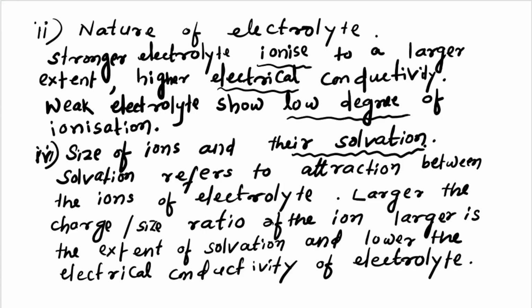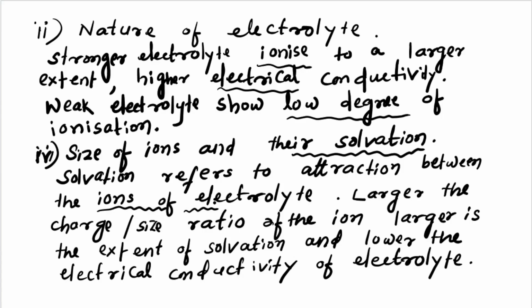More solvation means a strong electrolyte gives more ions. Solvation refers to attraction between the ions of the electrolyte. That means an electrolyte, generally an ionic compound, gives ions having positive and negative charge, and solvation means the attraction between the ions.